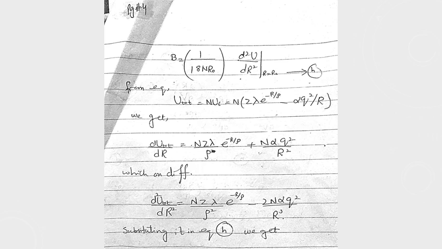That gives equation A. From U total is equal to n U i, which is the equation we proved before, we get this equation, which on differentiating gives the equation written here for d square U total over dr square.